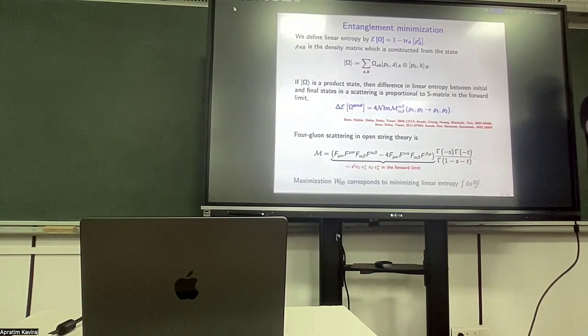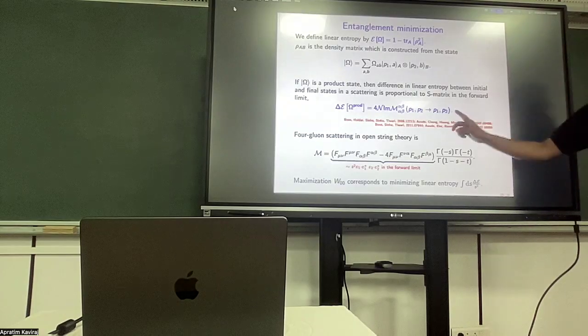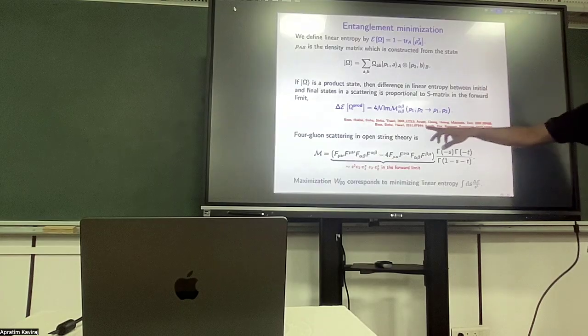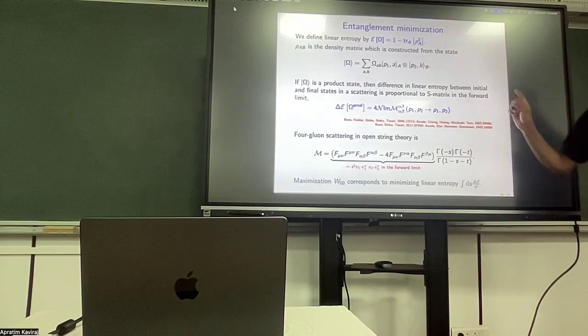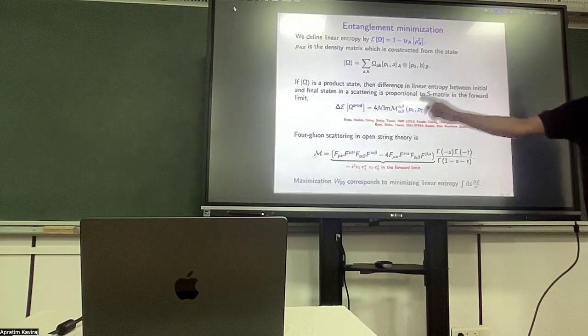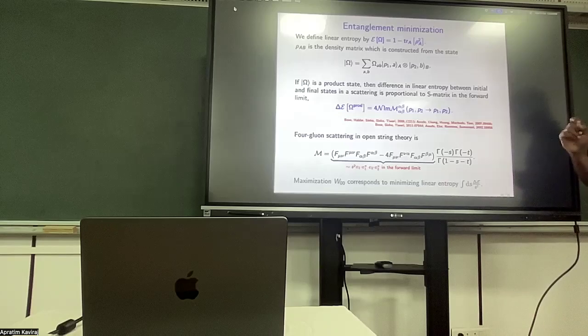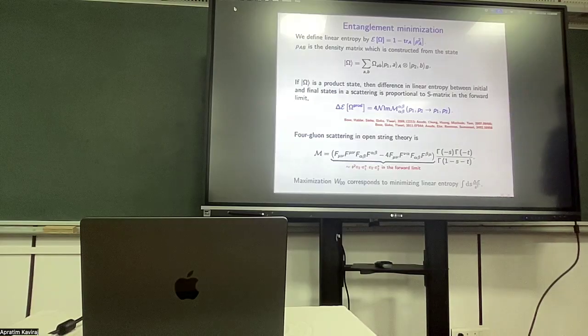To the linear order, because of the conservation of momentum, part of this is our calculation and part has appeared before in this paper by Aoude, Chung, Wang, and also Aninda and his collaborators. They did a similar calculation, but in the color space of the pion scattering. But the helicity case is more explored, I guess, in this paper by Aoude, Chung, Wang.